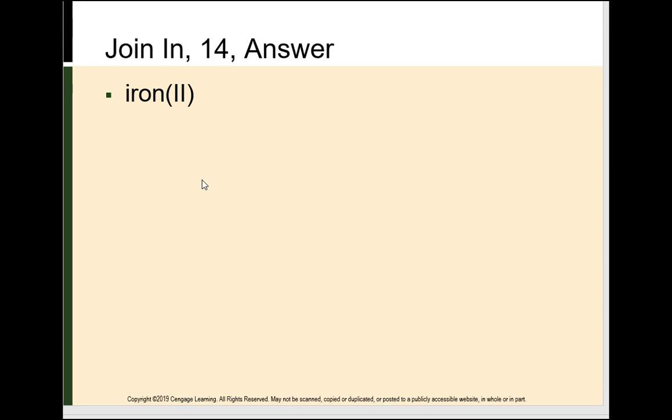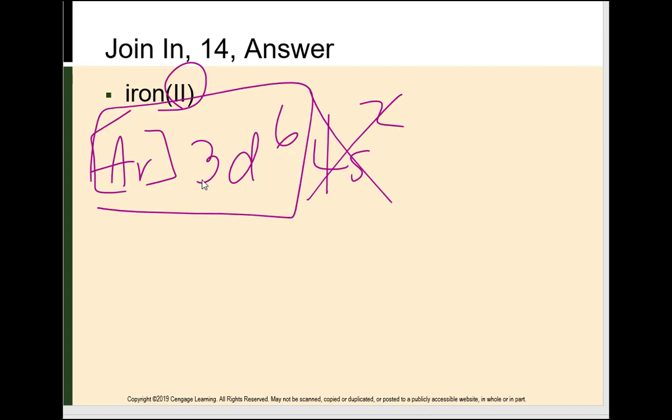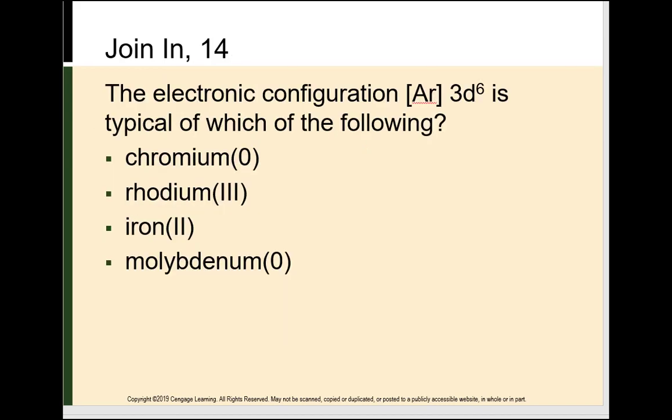We would say 4s2, 3d, 1, 2, 3, 4, 5, 6. And the noble gas before, argon. But if I were to make iron a +2, we would take off that top 2. So argon 3d6 would give us this ion.